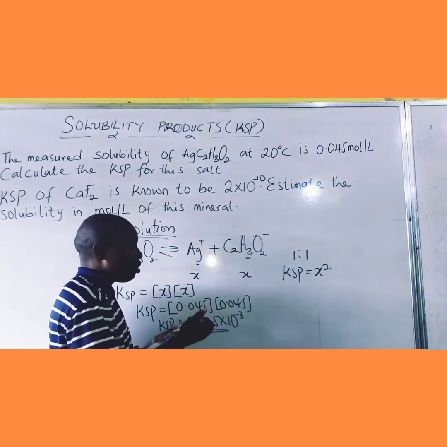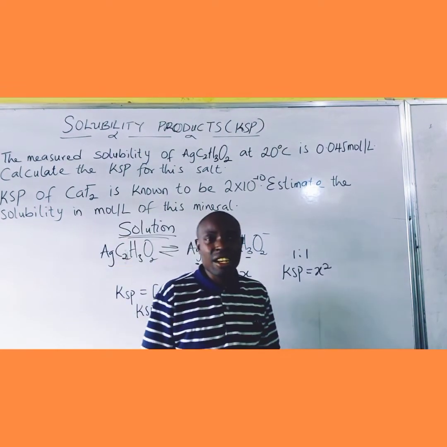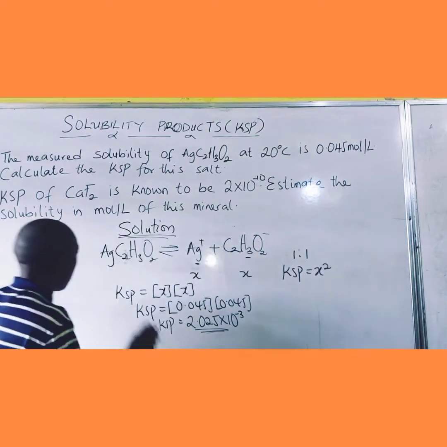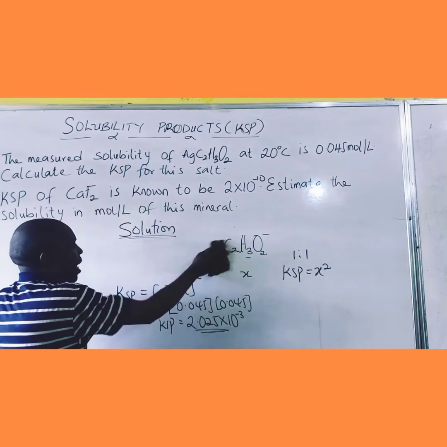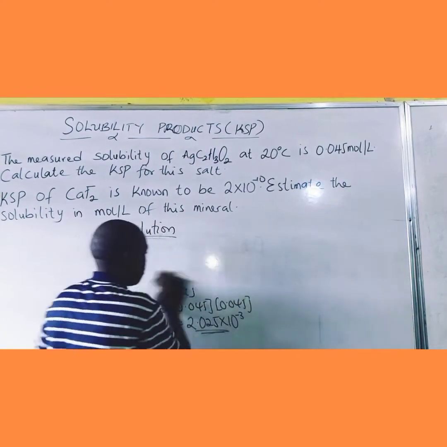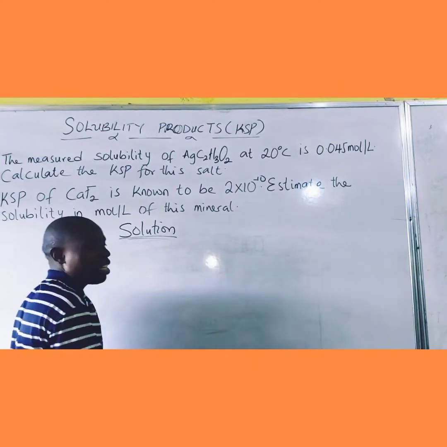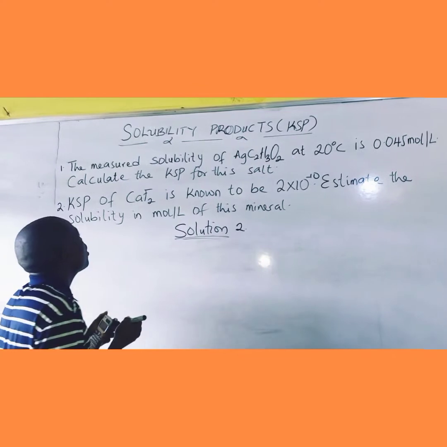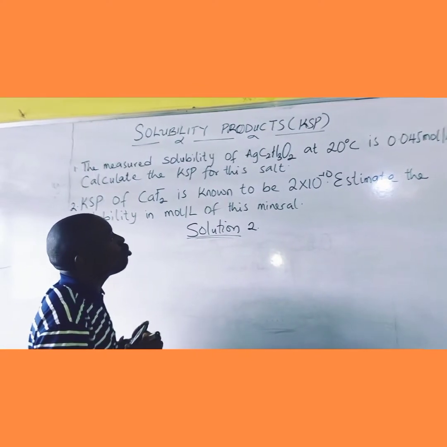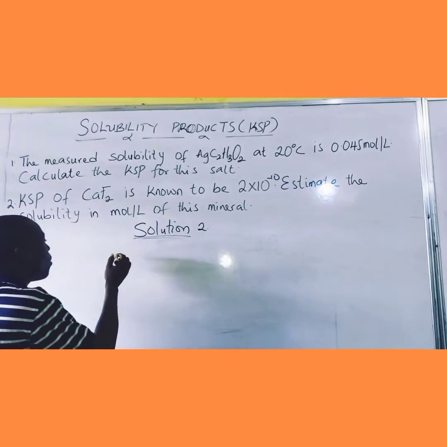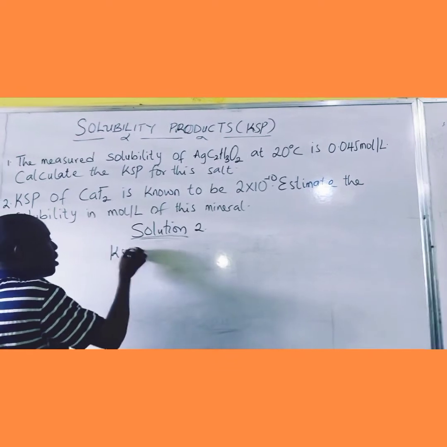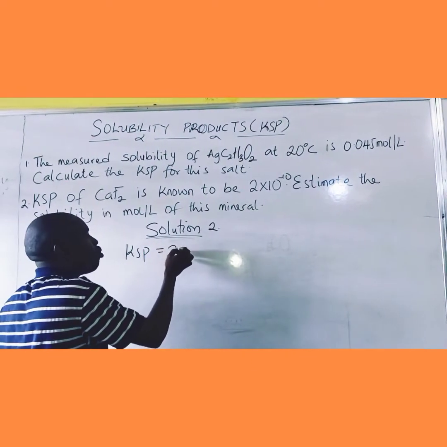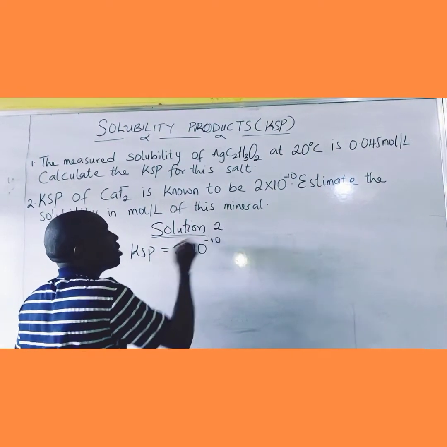So we move to the next example. In solution 2, the Ksp of calcium fluoride is known to be 2 times 10 raised to the power minus 10.